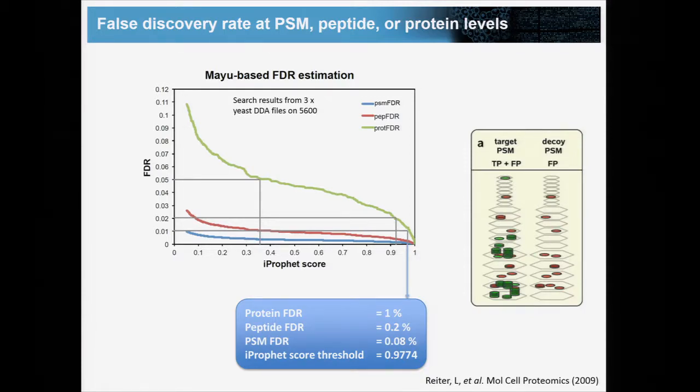So we have to be very strict here in order to achieve a reasonable protein false discovery rate. And this is all published in this paper from Lukas Reiter a few years back. Brendan also referred to this, and this is one of the papers that was important in going in the direction of controlling the DDA error rates properly that Ruedi mentioned on Monday.